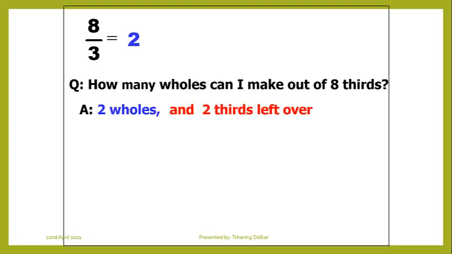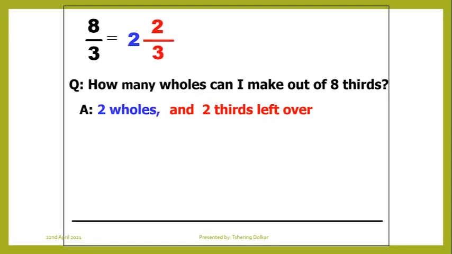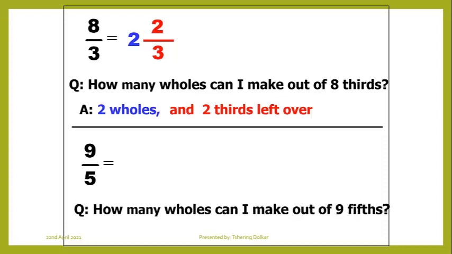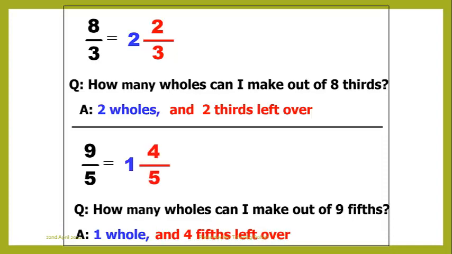So 2 thirds will be left over. So that is our mixed fraction. 9/5. How many wholes can we make out of 9/5? 1 whole and 4/5 is left over.